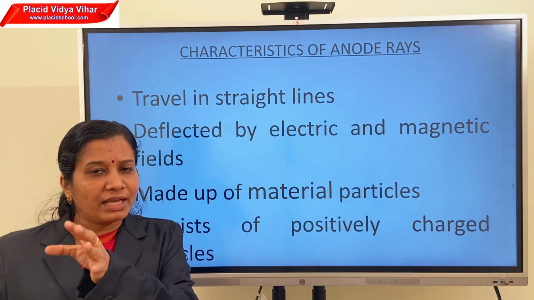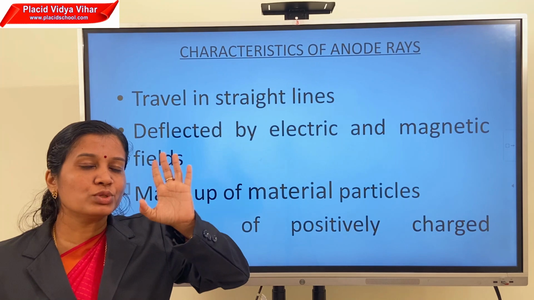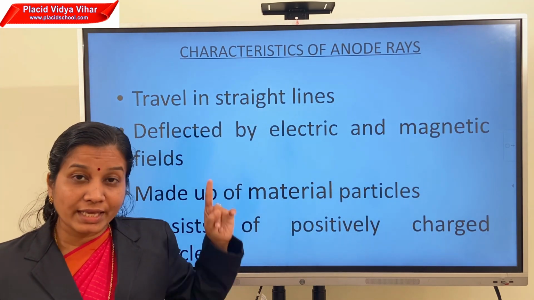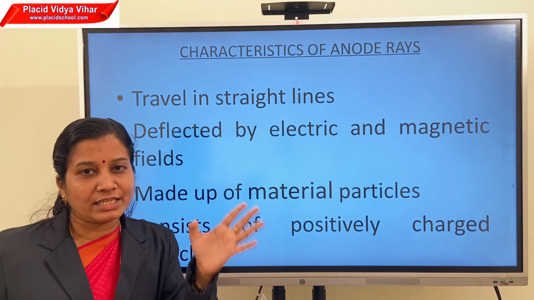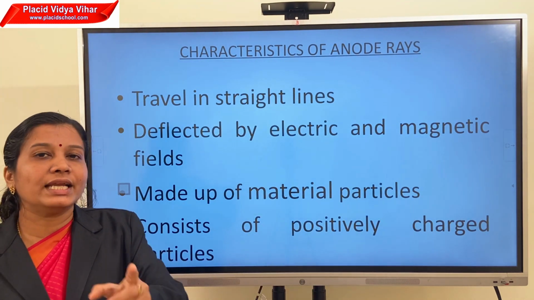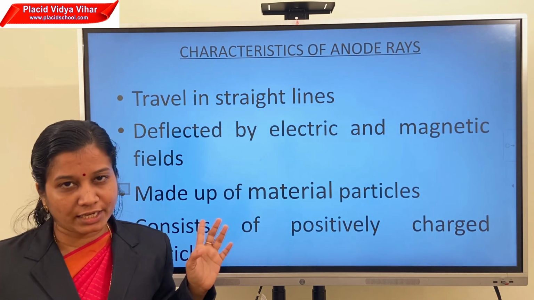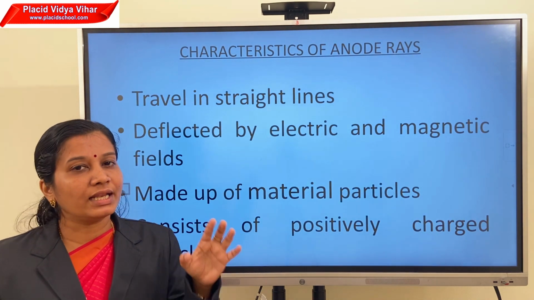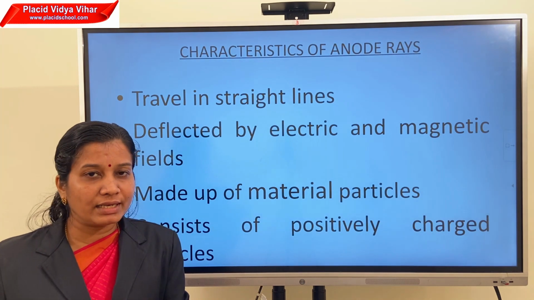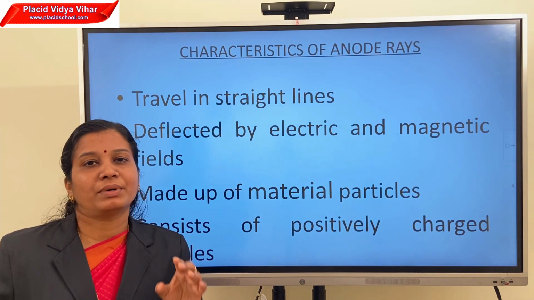That means when we apply a negative field, the cathode ray moves to the positive field. Here, if we place a negative field, this anode ray is deflected towards that negative field, which indicates the presence of a positively charged particle. So that is the second point. Deflected by electric and magnetic fields indicates the presence of a positively charged particle.